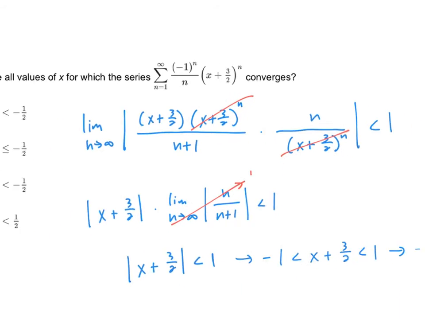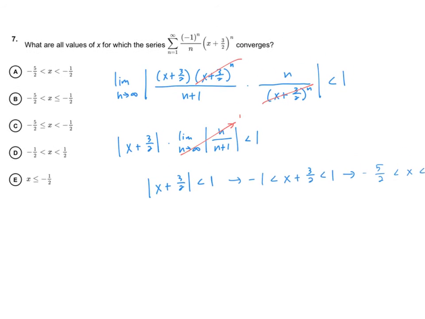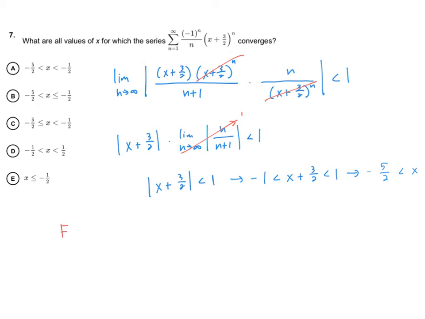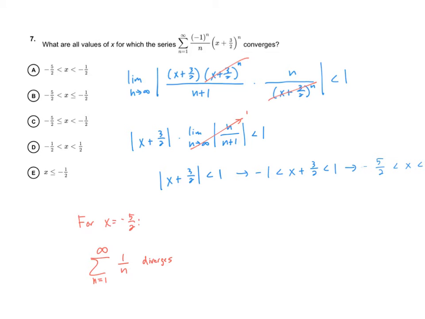So if you plug in -5/2, you really just get 1 over n, and we know that this diverges. So it can't equal -5 over 2. That at least eliminated C, so it's either A or B, so we'll have to test the last one.